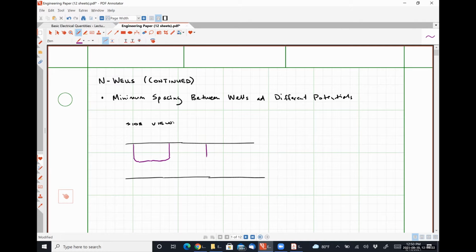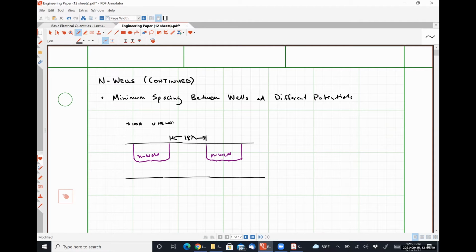So we have two N wells here, and the requirement is that they must be 18 lambda apart if they're at different potentials.